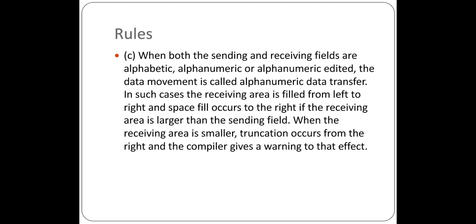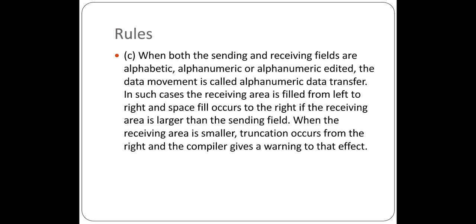suppose in case the receiving area has some minimum spaces, whereas in the sending field you have some more number of spaces. At those times, what will happen? For example, the sending field is going to have only 5 characters, whereas in the receiving field you're going to have 7 character positions.